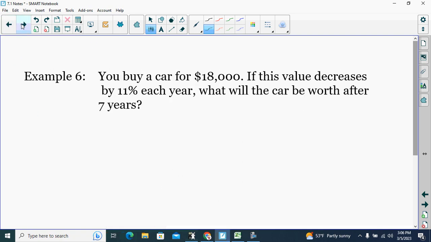And our last problem here says you buy a car for $18,000. This value goes down by 11% each year. What will the car be worth after 7 years? So again, we're starting with y equals a times b to the x. A is the starting amount.